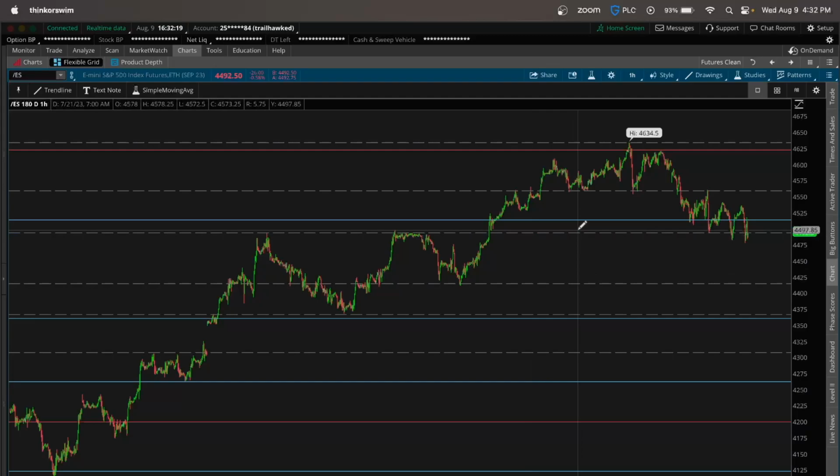And if we really wanted to boil this down even further, we could go to an hourly. I tend not to. You can really trade it basically off of this. This will give you almost everything that you need.